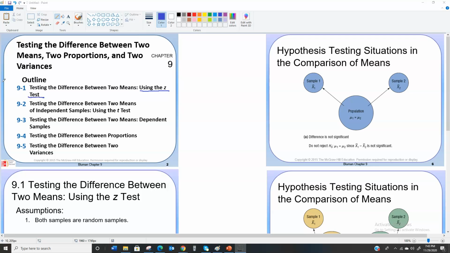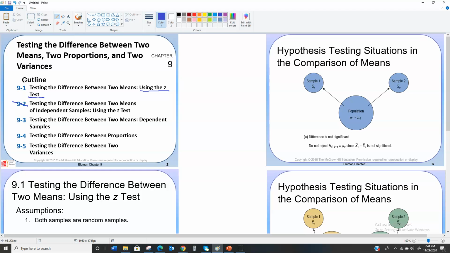Oh, and let me mention also that remember that these slides that we have are from the 7th edition book, because I like them a lot better than the 8th edition slides. And so it actually shows here 9.1 and 9.2, but 9.1 in the old edition book actually covers 9.1 and 9.2 in the new edition.